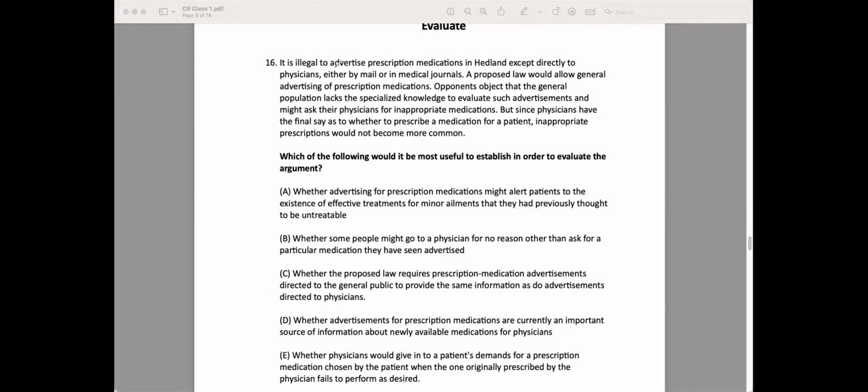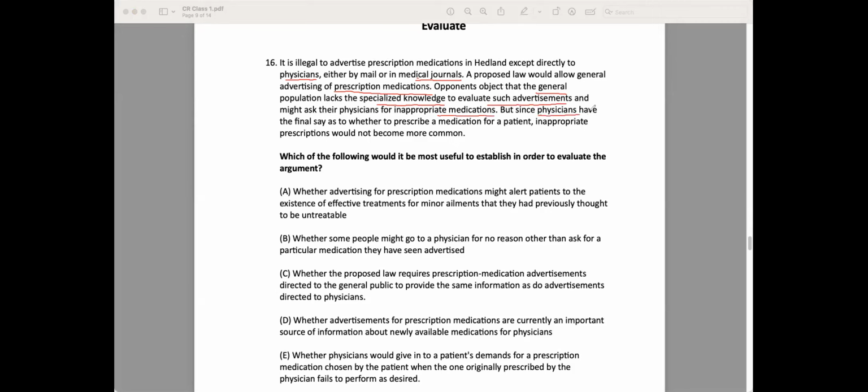Let's see. It's illegal to advertise prescription medications in headland except directly to physicians, either by mail or in medical journals. A proposed law would allow general advertising of prescription medications. Opponents object that general population lacks the specialized knowledge to evaluate such advertisements and might ask their physicians for inappropriate medications.